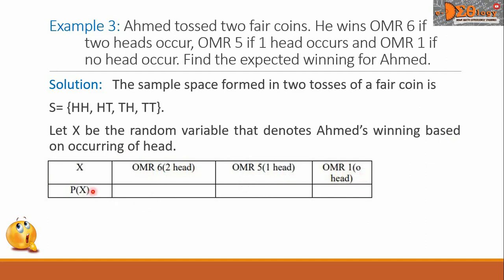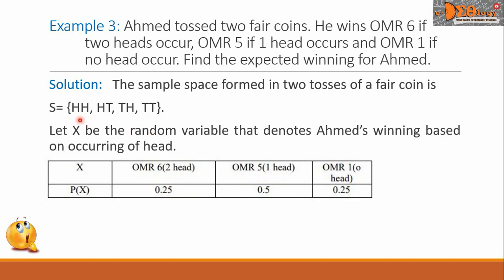For the probability of the X, for the 6 Omani riyals, that corresponds to 2 heads. In our sample space, there is 1 sample point that corresponds to 2 heads. So that will be 1 over 4. That is the probability, and we write here 0.25. Next, for the 5 Omani riyal, it corresponds to 1 head.